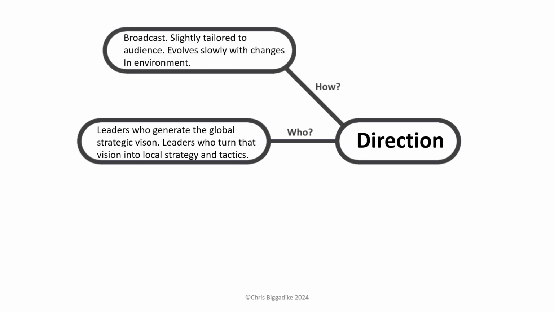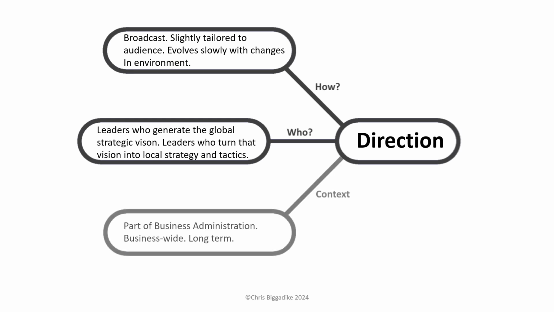They do this as a broadcast. It might be slightly tailored to the audience, and it evolves slowly with changes in the environment. The context of direction is business administration. It's business-wide and it's long-term.